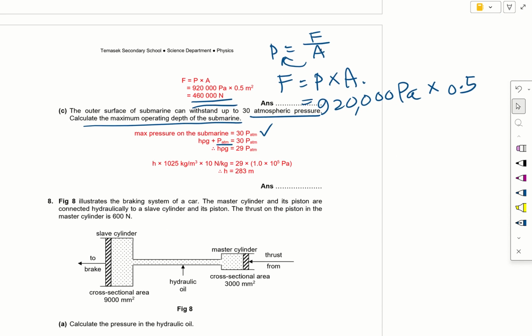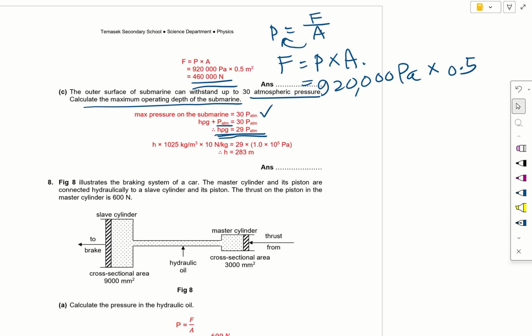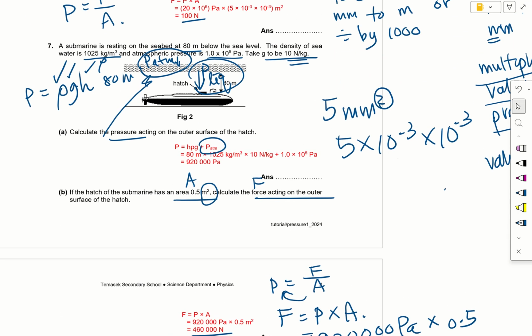So basically, the submarine outer surface can withstand a maximum of 29 PATM from the liquid, so 29 PATM must be equal to the height of the liquid above it. Once again, we use the density of the seawater, we use G, we are going to find the maximum operating depth, which is the height of liquid above it. And it will account to 283 meters.